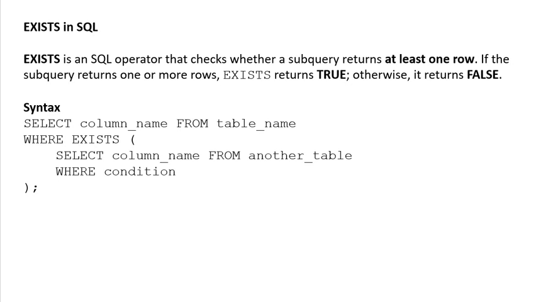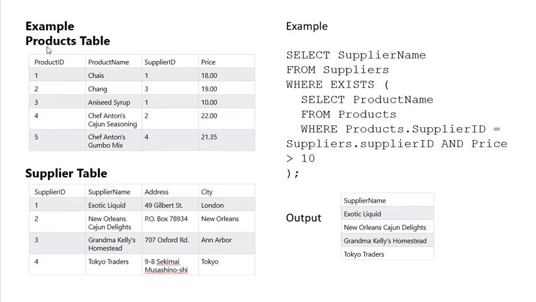Let's check the example. There are two tables. The product table has product ID, name, supplier ID, and price, and the supplier table has supplier ID, supplier name, address, and city.